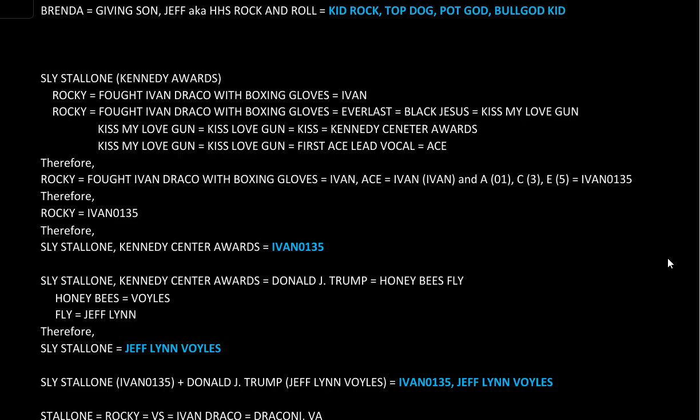That lyric contains the name of the album Kiss Love Gun. Kiss My Love Gun equals Kiss Love Gun equals Kiss equals Kennedy Center Awards. Kiss My Love Gun equals Kiss Love Gun equals first lead vocal from Ace equals Ace. Therefore, Rocky fought Ivan Drago with boxing gloves, which equals Ivan and Ace.